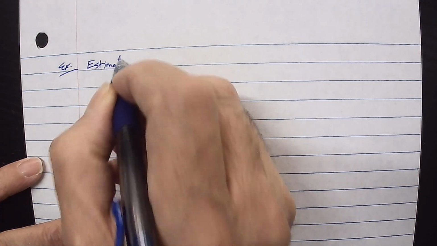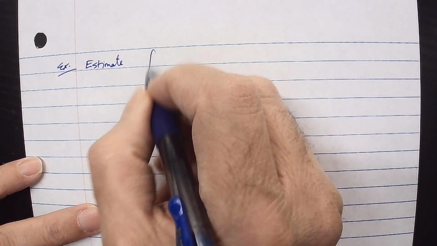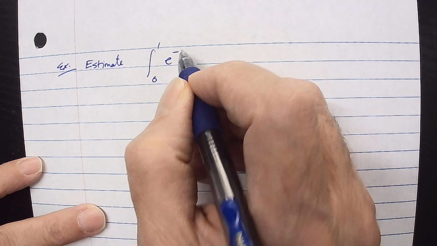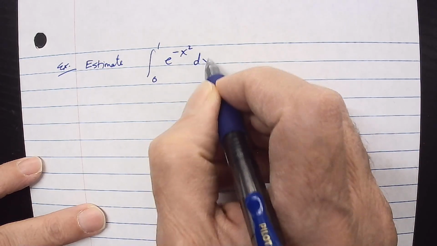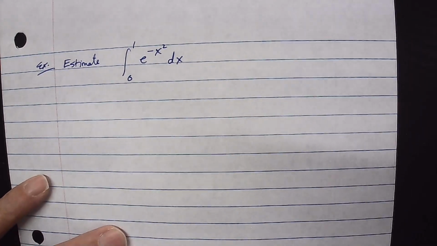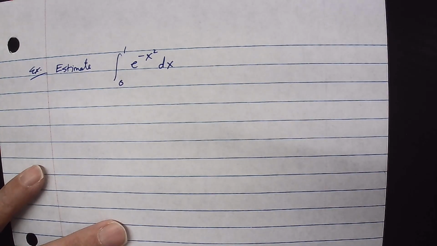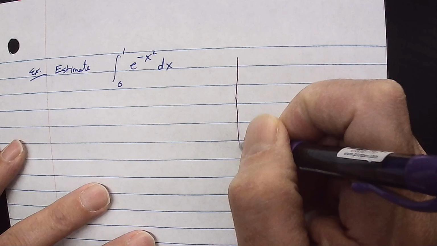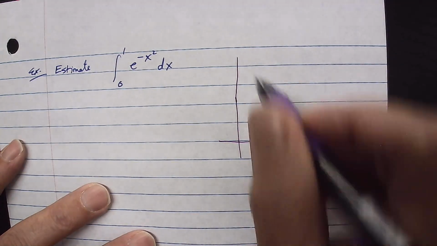Now, having this said, we may apply this to the following example. Estimate the integral 0 to 1 e to the minus x squared dx, where here we may use the graph to see how this function looks.